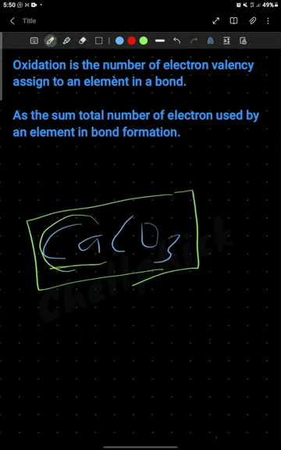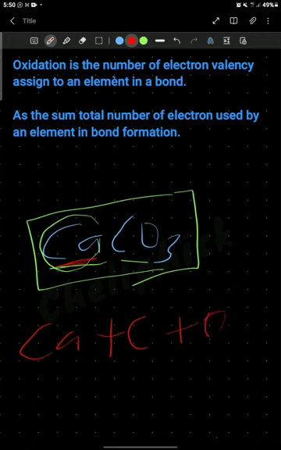Like I said in the first question, the oxidation number of calcium in calcium trioxocarbonate(IV). Now, we need to understand that if the oxidation number of calcium is asked in calcium trioxocarbonate(IV), don't forget that calcium reacts with carbon, and with three atoms of oxygen, to form calcium trioxocarbonate(IV).